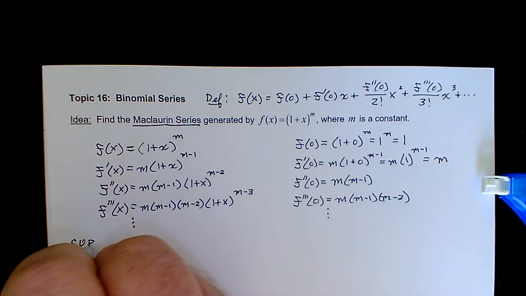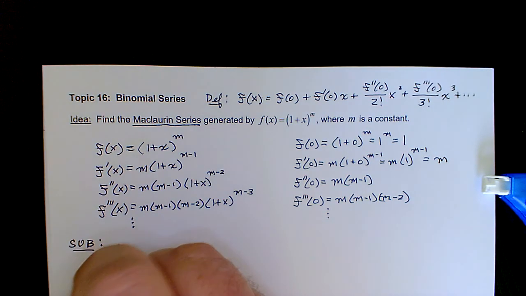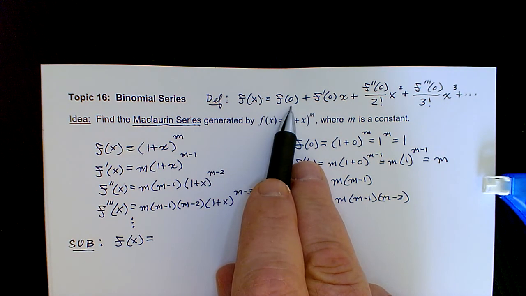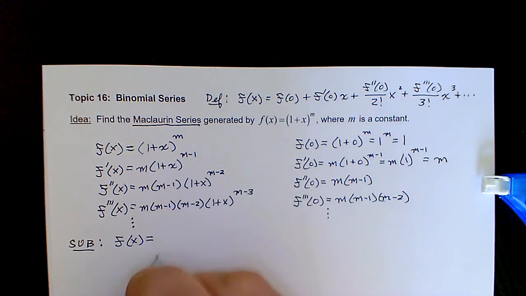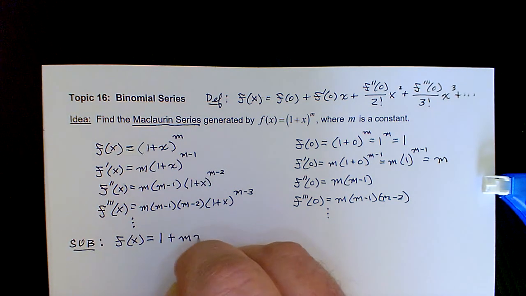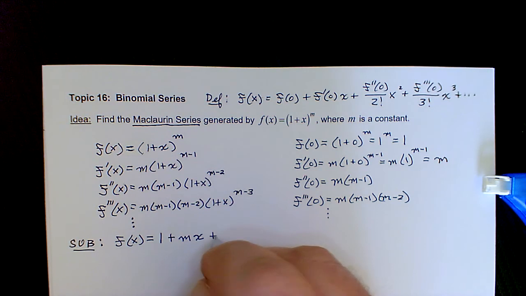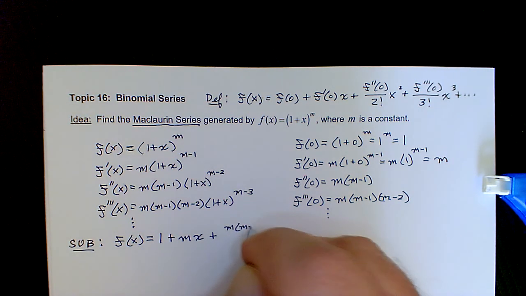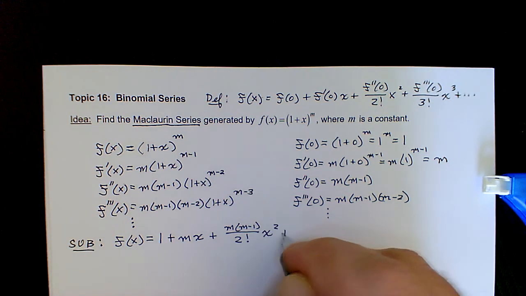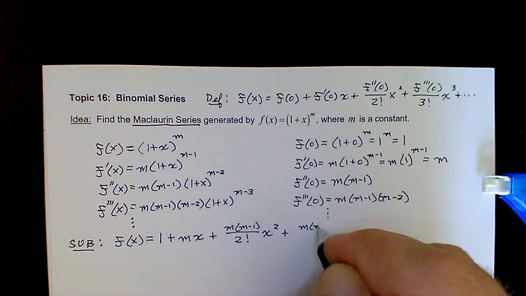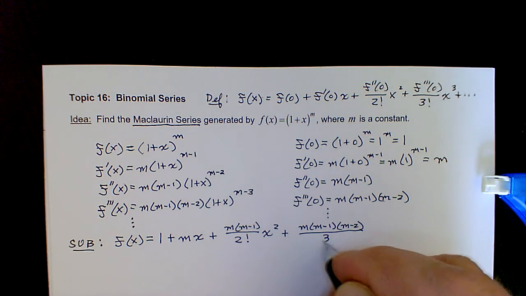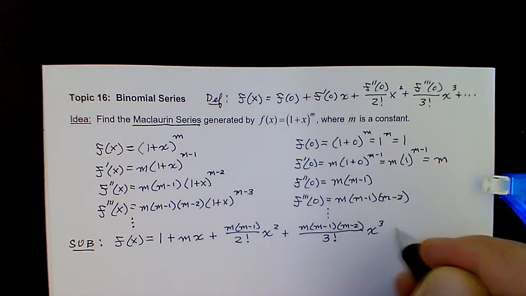Right, now we're substituting into the definition. So therefore, f of x would be, back up here to our definition of Maclaurin, f of 0 is 1, and then plus f prime of 0, m times x, then plus f double prime of 0, m times m minus 1 over 2 factorial times x squared, plus f triple prime of 0, m times m minus 1 times m minus 2, all over 3 factorial times x cubed.